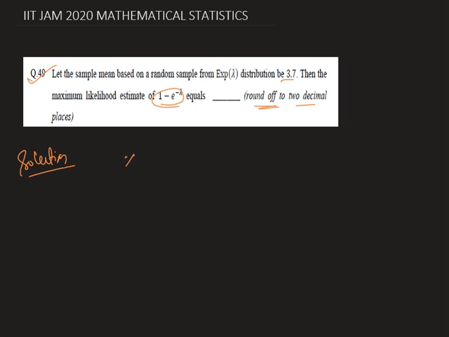So we are given that x is exponential lambda. Therefore, f of x, the PDF, is lambda e to the power minus lambda x, where x is strictly positive.